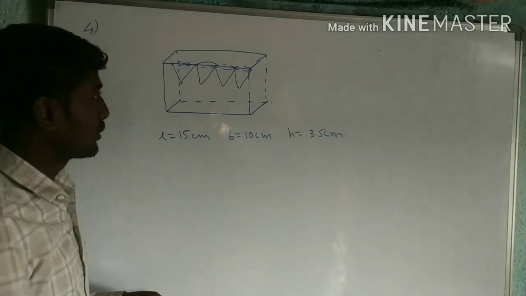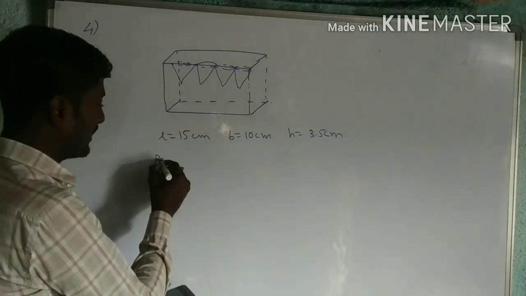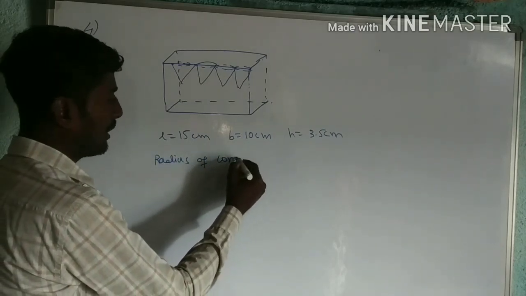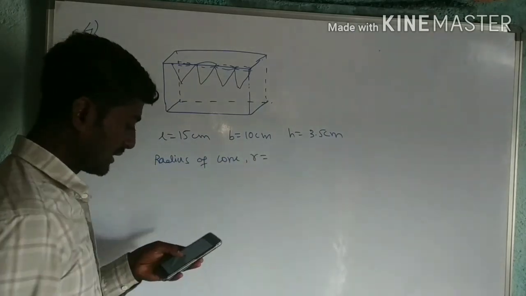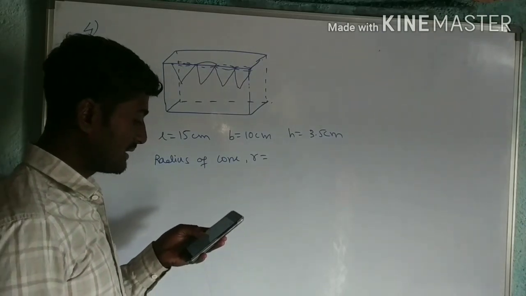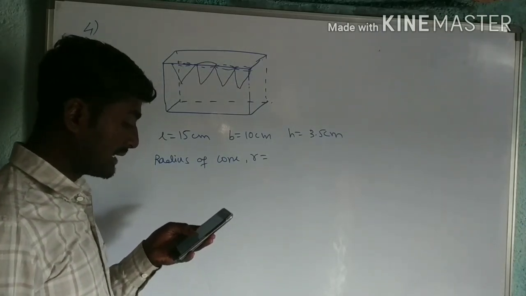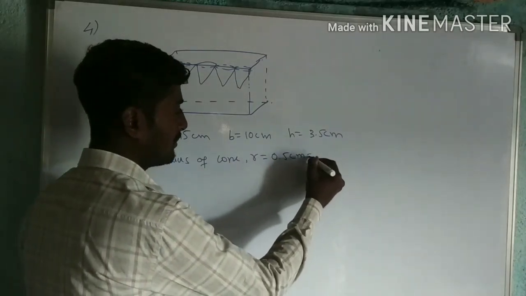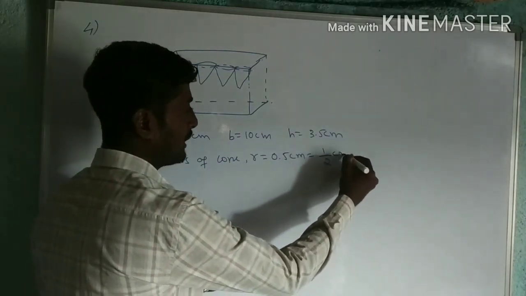So for the conical depressions, that is the radius of the cone. Radius of cone, I'll take it as r. So the radius of cone given is 0.5 centimeter. This I can write as 1/2 centimeter.